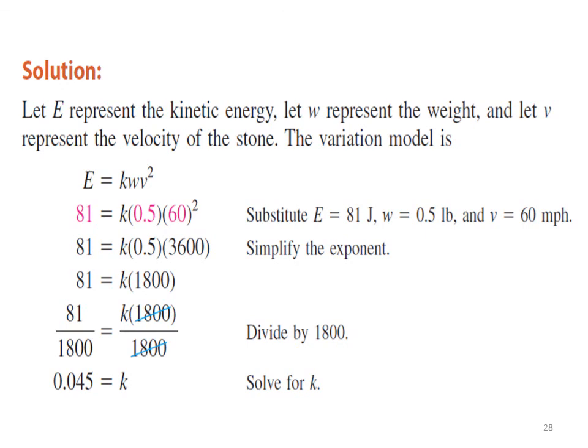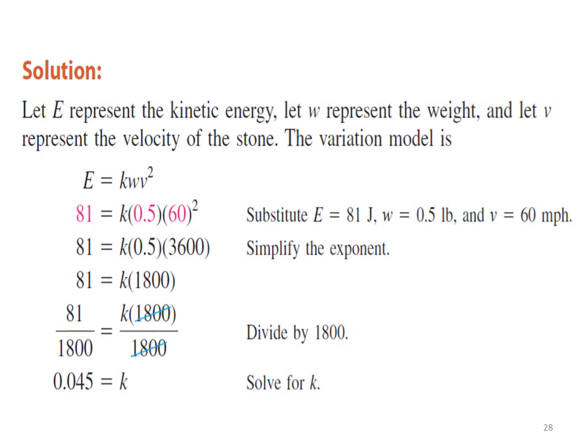For a stone that is half a pound in weight, when the velocity is 60, the energy was 81. Substitute 81 for the energy, 0.5 for the weight, and 60 for the velocity. From that information, you can solve for K. K will be 0.045.